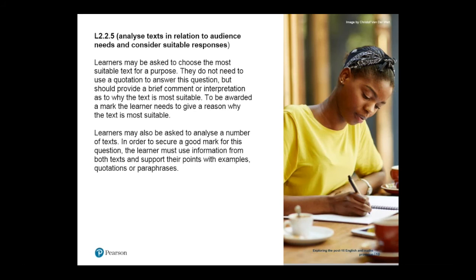Learners may also be asked to analyze a number of texts. In order to secure a good mark for this question, the learners must use information from both texts and support their points with examples, quotations, or paraphrases.